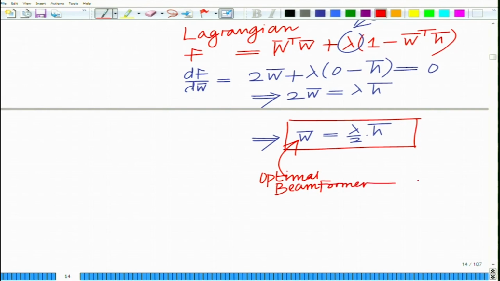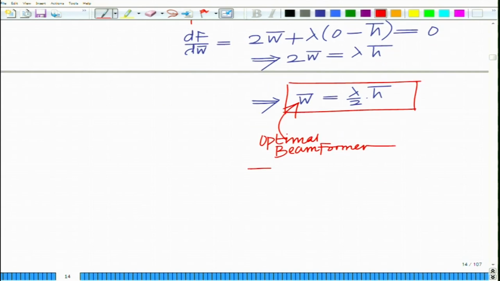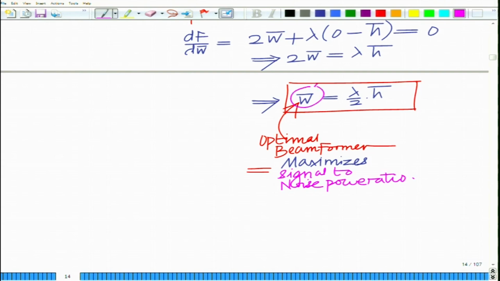Why is it the optimal beamformer? Because it maximizes the signal to noise power ratio, and you can see that the optimal beamformer is proportional to h bar. So, therefore, this is also like a matched filter.